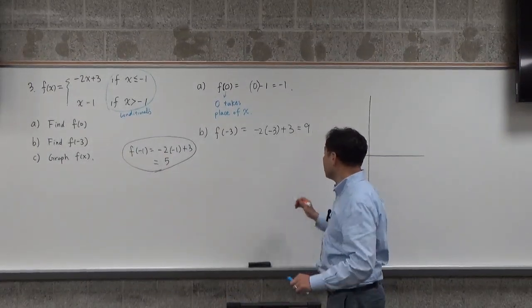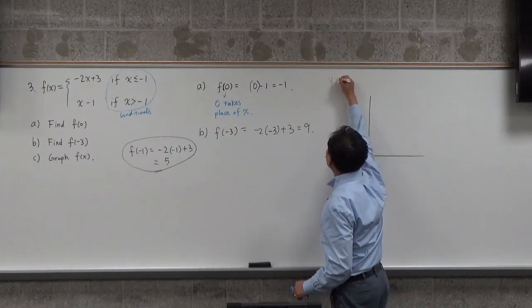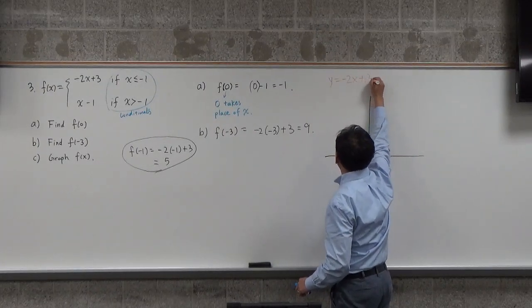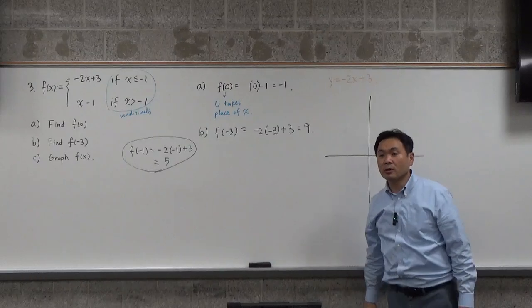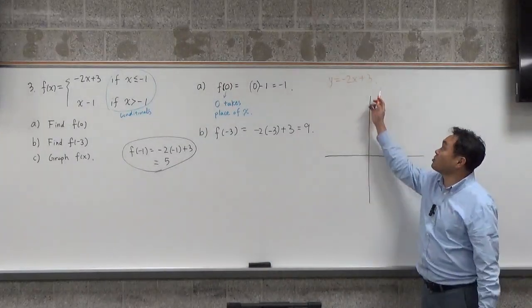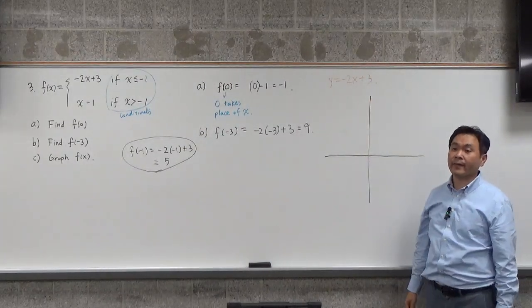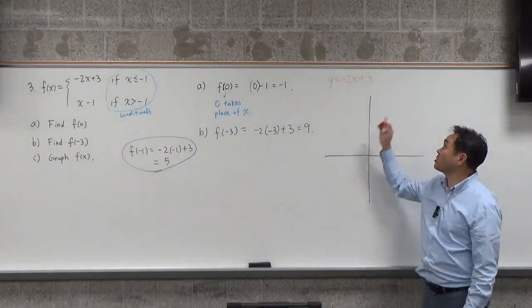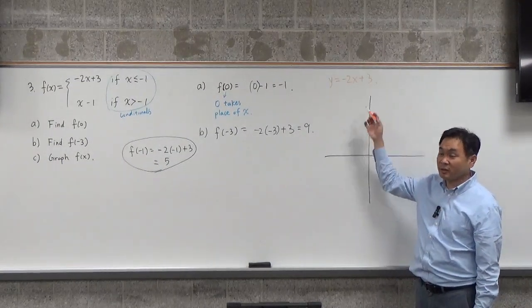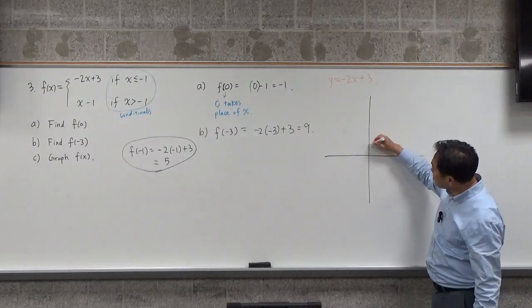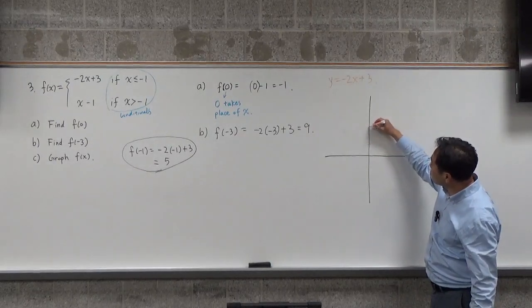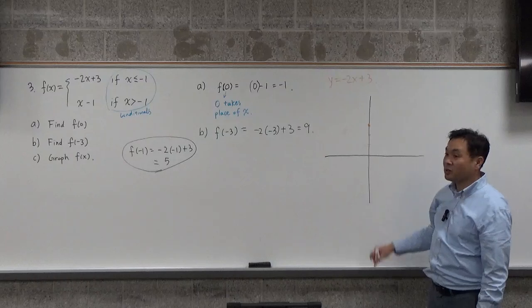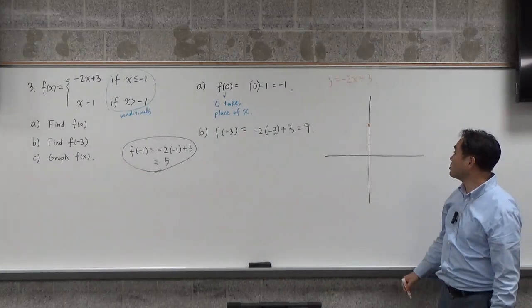So let's think about y equals negative 2x plus 3. Now, what's the slope of this line? Negative 2. What's the y-intercept? 3. Okay. So y-intercept is 3, so it's 1, 2, 3. 3 is your y-intercept.